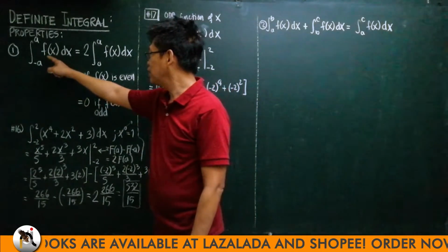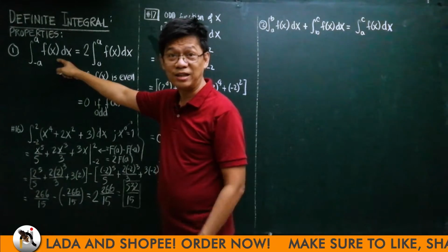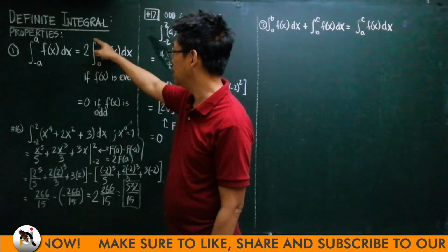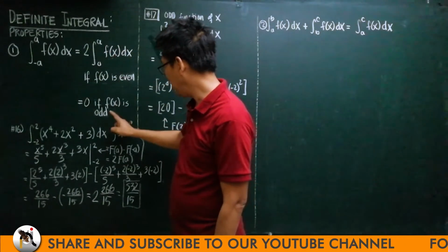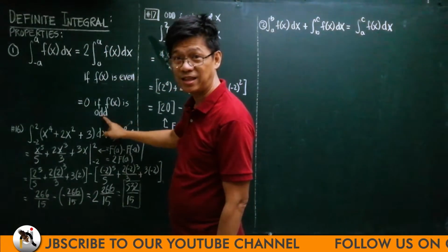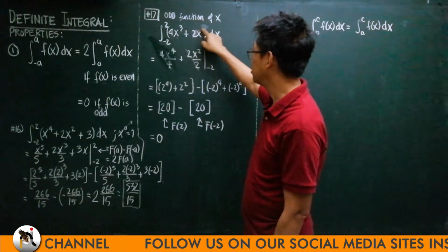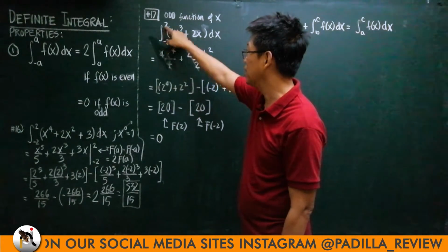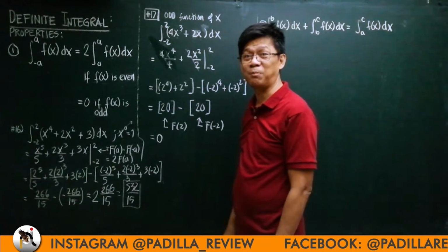So if your function of x is even, the integrand will be odd, right? And that would be 2 times integral of 0 to a function of x. But if the function of x is odd, okay, it means like this, add exponents. Then, if your limits are the same, except that this is negative, then you may skip the integration.